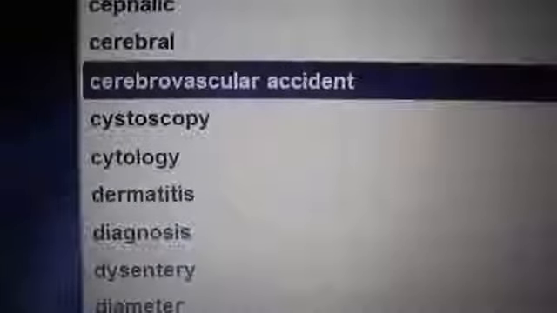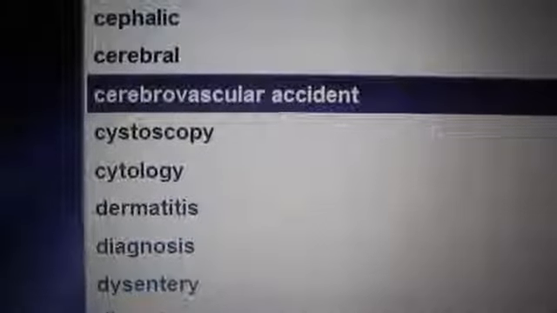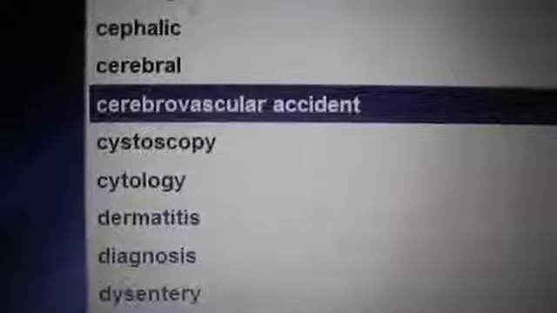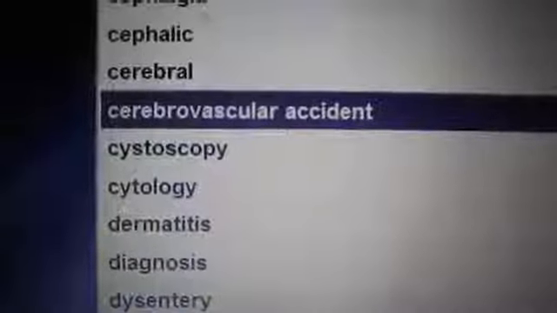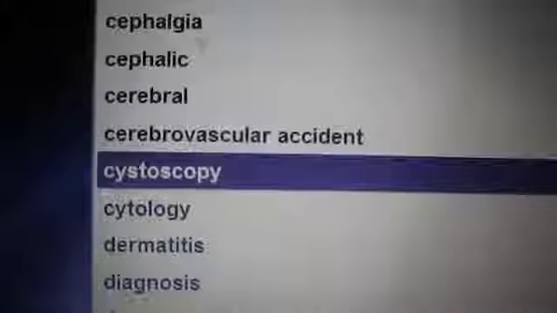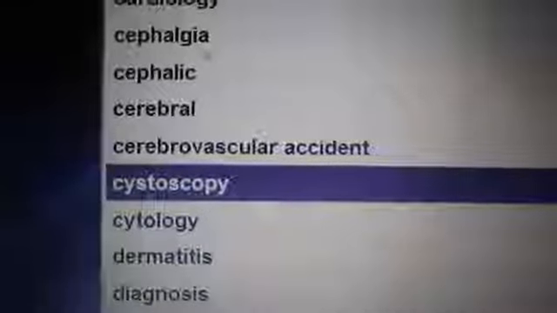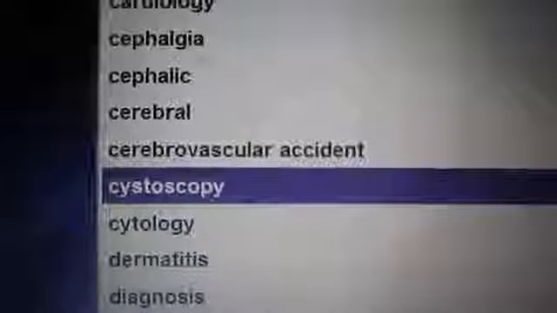Cerebrovascular accident. Vascular means pertaining to a blood vessel. During a cerebrovascular accident or stroke, the blood flow to the brain is compromised. This results in the death of brain cells and subsequent impairment in function. Cystoscopy. The suffix scopy, S-C-O-P-Y, means the process of visual examination.